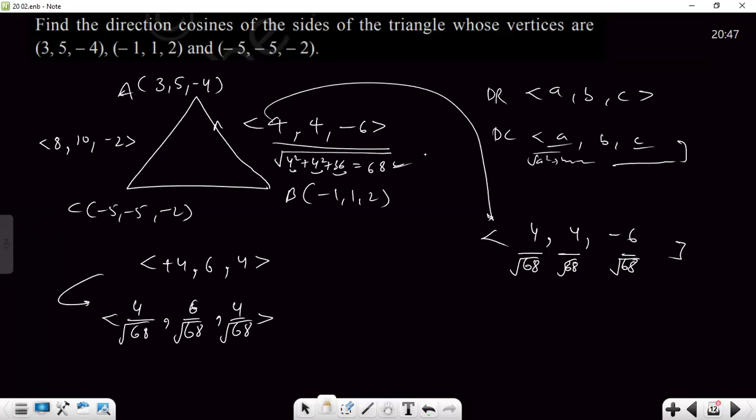Here 64 plus 100 plus 4 is 168. So these are the direction cosines of this side. Any doubts? Is this question clear? Yes, sir. Clear, sir. Great.